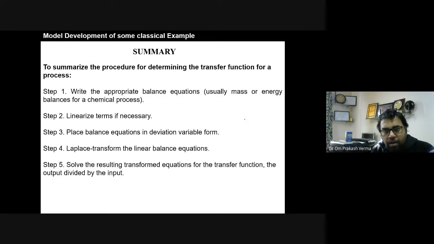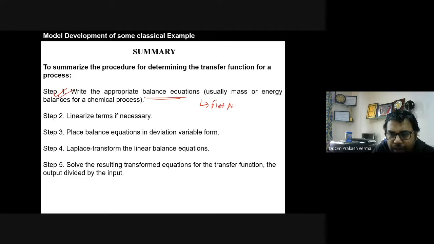If the thought comes to your mind that you have to develop a model, what do you have to do first? If you are choosing the first principle for the model development, first of all you have to look into the system, what type of system it is, and then write the appropriate balance equation, either mass, energy or component, depending on the transfer characteristic. First you write the balance equation based on the first principle.